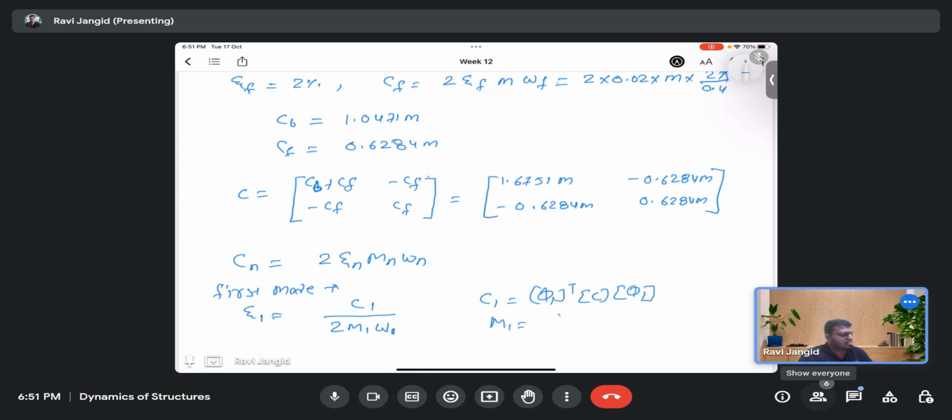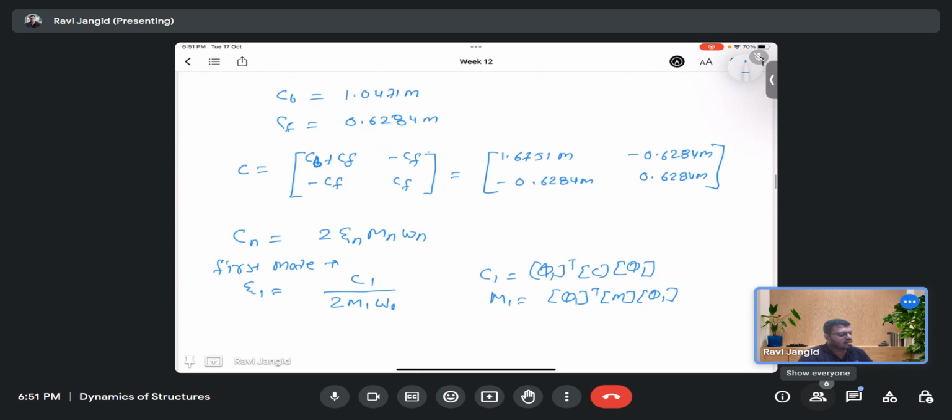M1 would be φ1 transpose M times φ1, and ω1 is what? 2π by 2.024, so that is 3.1043 radian per second.